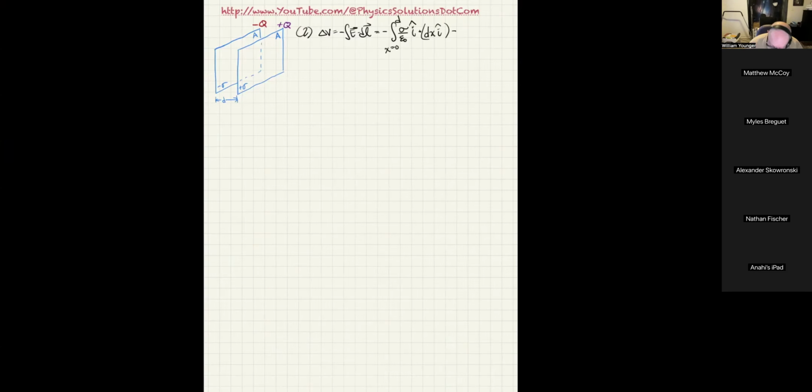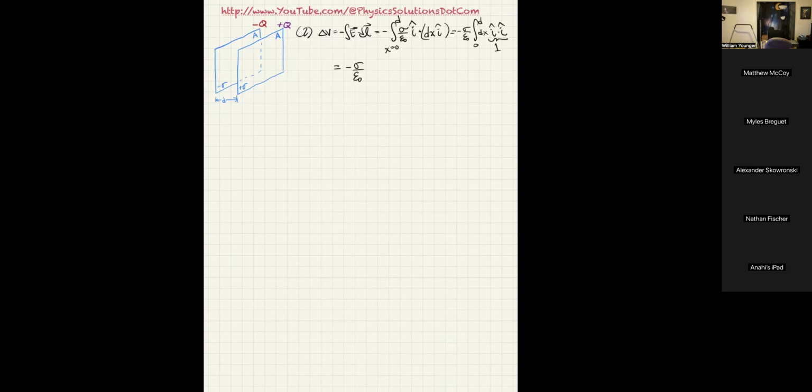As I told you before, the dot product is what we call a linear operator, and sigma over epsilon naught is a constant. So now I can write negative sigma over epsilon naught times the integral of dx from 0 to d times i hat dot i hat. And of course, i hat dot i hat is just 1. So ultimately, all I get is negative sigma over epsilon naught, and I did go from 0 to d.